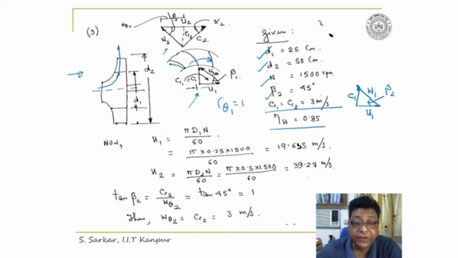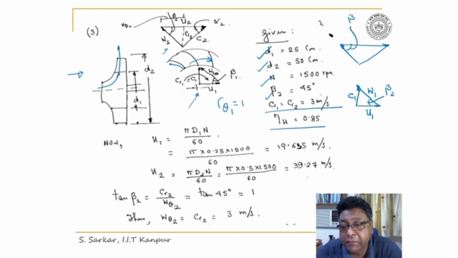What will be the exit velocity? This will be W2. This will be U2. And this will be theta 2, because this angle has been given, beta 2 as 45 degree. So this is W2, this is U2. U2 will be higher than U1. And this will be C2.